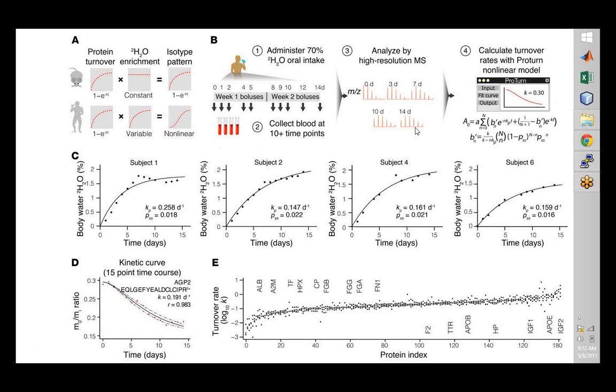Then we measure those peaks and come up with a ratio of these higher order peaks to the initial peak, and that ratio is going to increase as more and more heavy water is absorbed by the organism. So then we can take proteins and calculate the turnover rate for individual proteins in a sample.